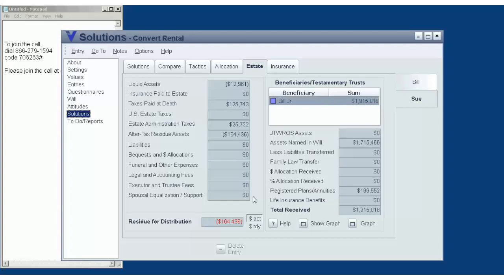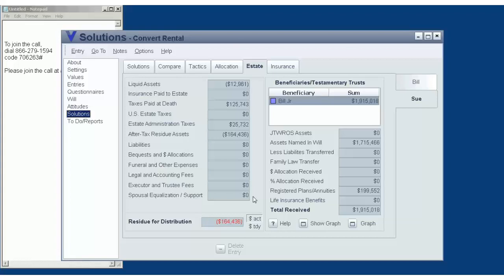But we can see these taxes kicking in at death, along with estate administration taxes, probate fees. So not much in the way of liquid assets, less all these expenses, tells us that we've actually got a negative residue. And we need to look at this because this is going to factor into, should we do this conversion? Shouldn't we do this conversion? What are the implications? So the implications are not just tax implications, the implications are also estate implications.